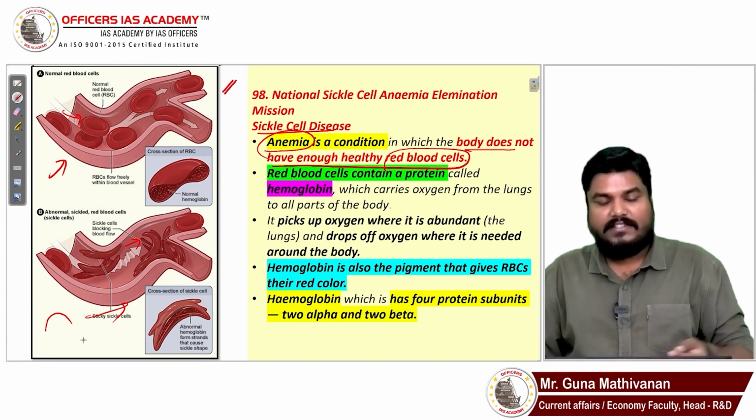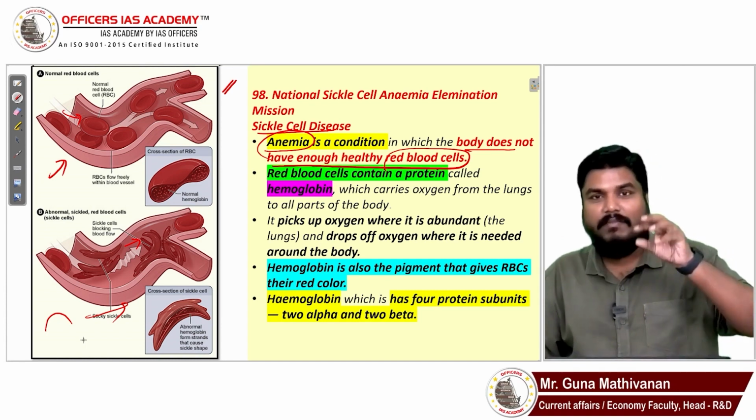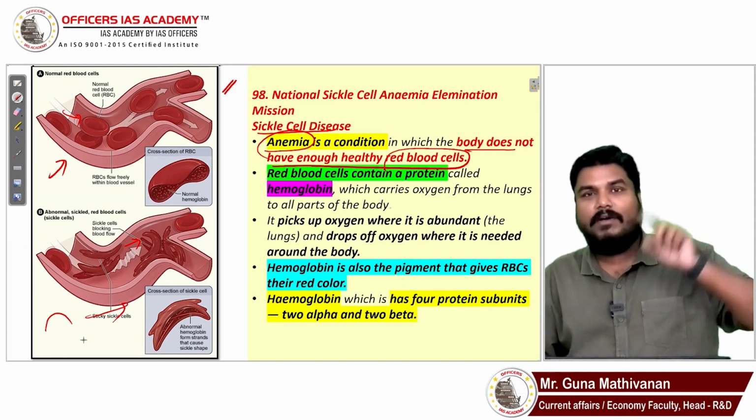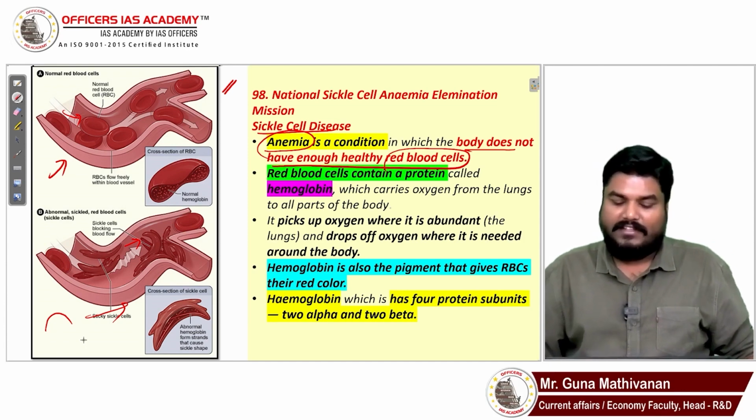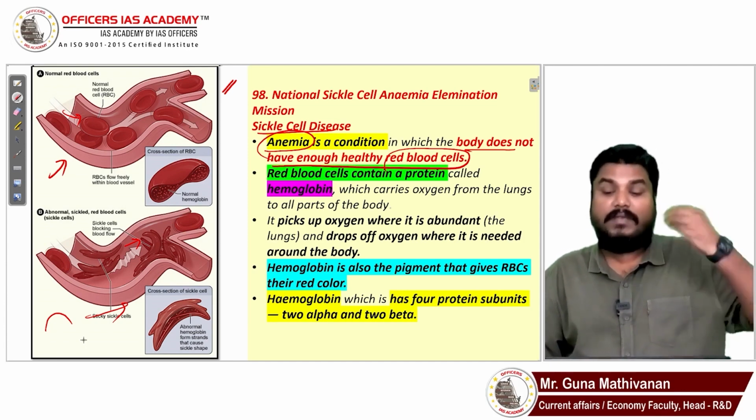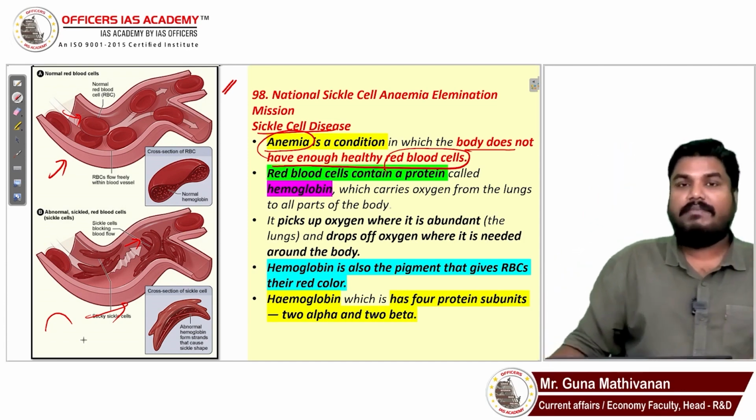And remember, it is this hemoglobin protein that is responsible for the red color of RBCs. Hemoglobin is the pigment that gives the RBC their red color.